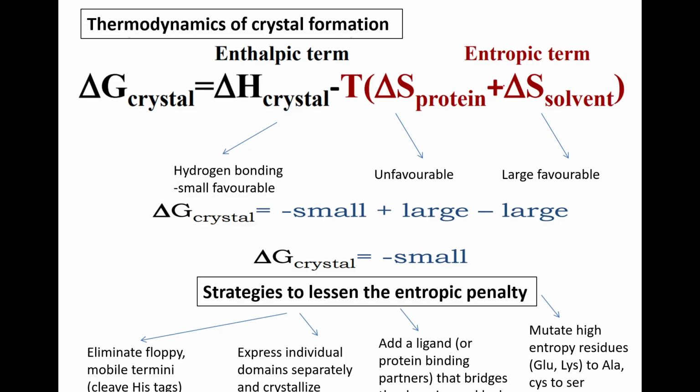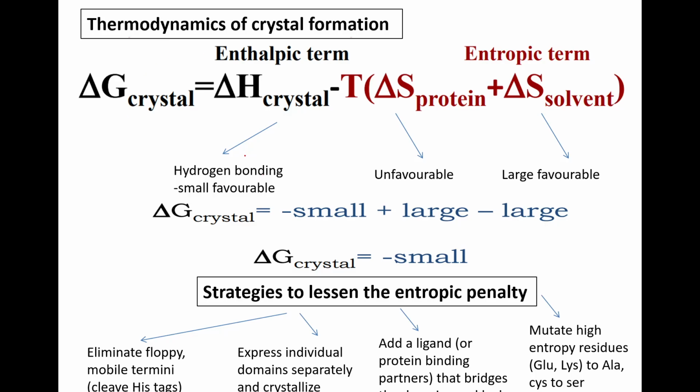Now, if you imagine what is happening, it is given here, delta G crystal. The enthalpy here is small favorable because of hydrogen bonding. When a protein is coming into a crystal, it needs to interact with one another to form a three-dimensional structure, and there is different hydrogen bonding happening in that process.